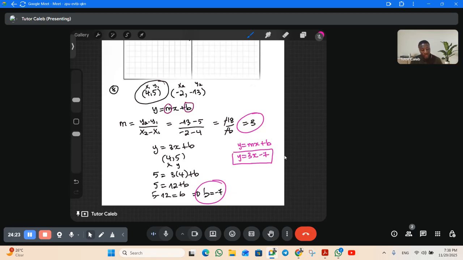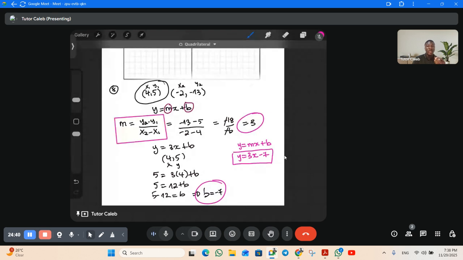We use the formula m equals y2 minus y1 divided by x2 minus x1. You use the 2 points provided to you, (4, 5) and (-2, -13), plug them into the formula, and you get a result of 3.